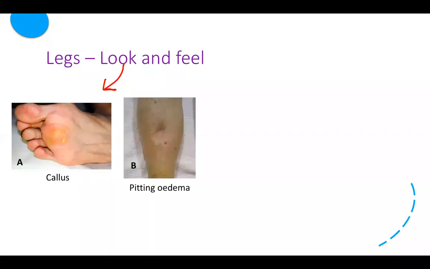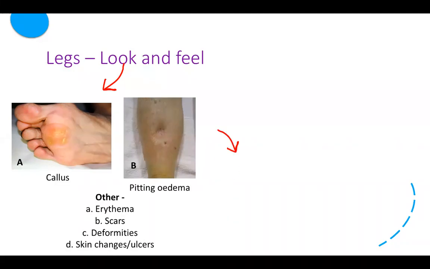Yeah, so A is a callus, B is pitting edema. And other things to look out for is any erythema, any scars, deformities, skin changes, or ulcers. And you're just trying to see if there's any abnormalities that you can pick up on, and if it is contributing to what the patient's presenting with.